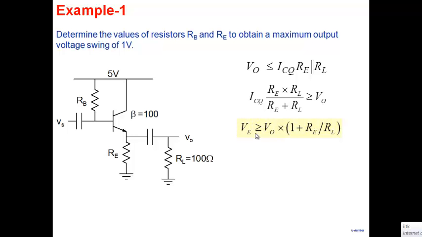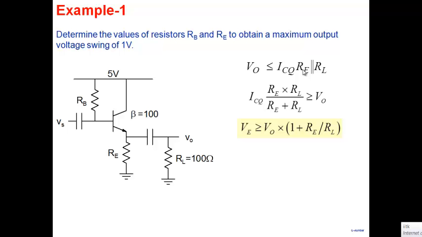So I'm going to rewrite this as: emitter voltage VE must be greater than or equal to V0 times (1 plus RE divided by RL). You'll see in a minute why we have to do this.